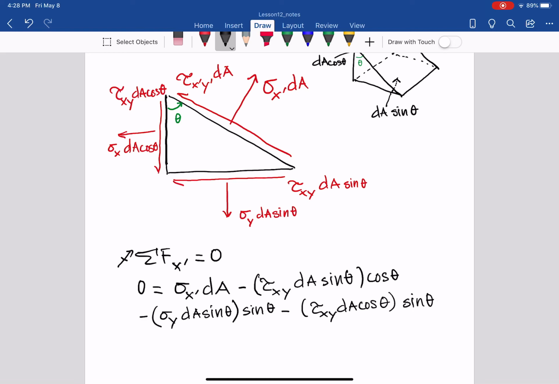And the last one is negative because we assume going up in the positive x apostrophe direction is positive. Negative sigma x dA cosine theta, and then we also have cosine theta for the projection in the x apostrophe direction.